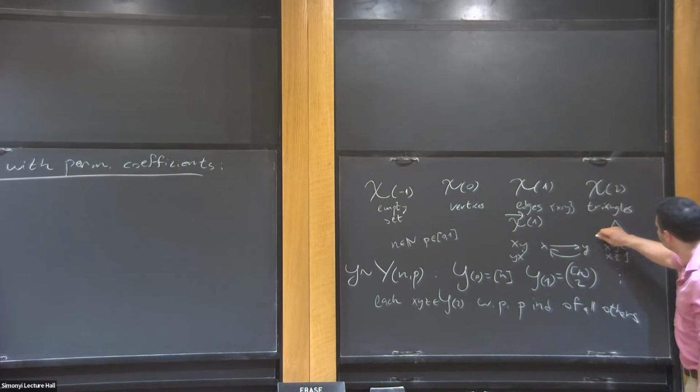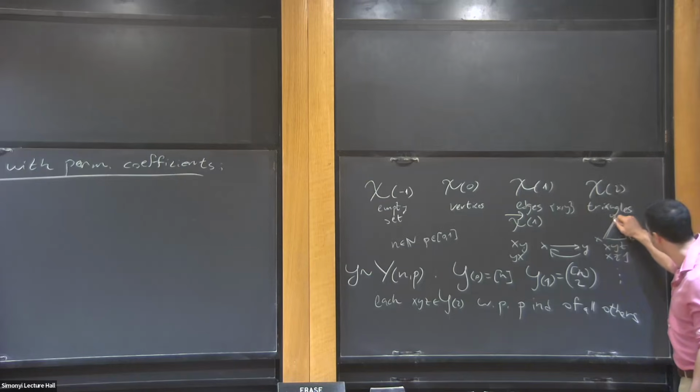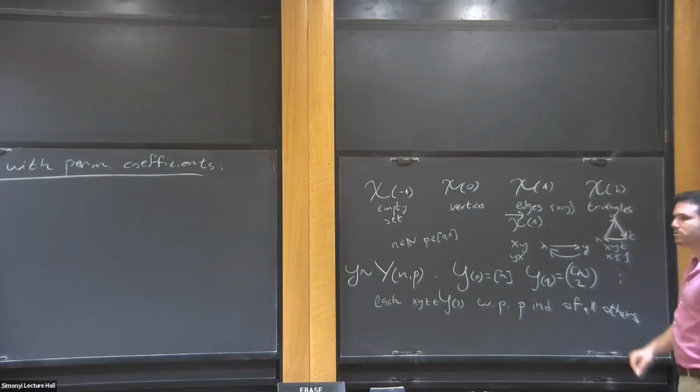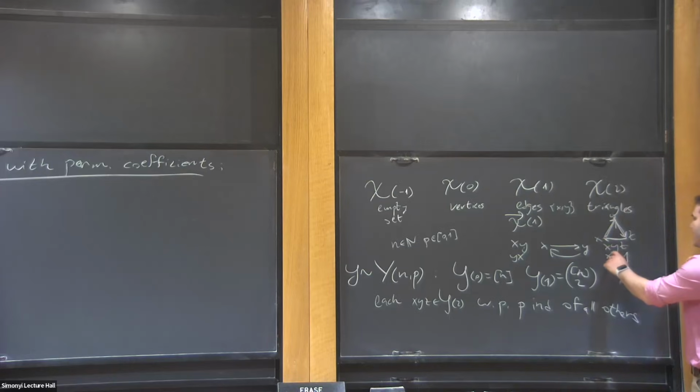And when I say x, y, z, I mean, okay, there are the three points. I mean, go from x to y first, then from y to z, and then go back from z to x. And notice that x, y, z, and x, z, y are the opposite of each other. If you reverse the orientation, instead of going clockwise, you go anti-clockwise.